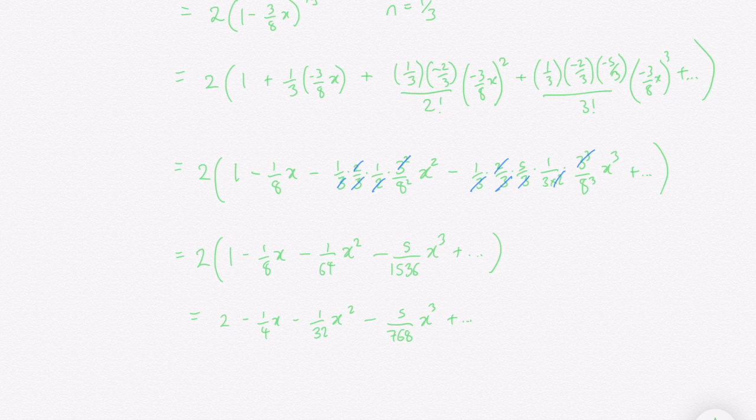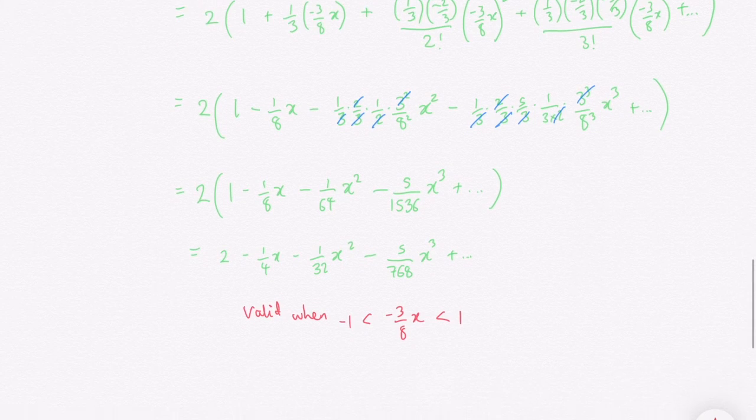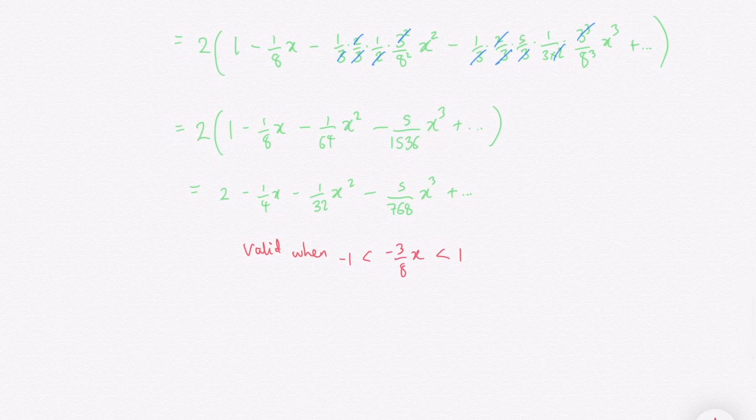And we need to state which values this is valid for, or this is valid when the binomial expansion of 1 minus 3/8 of x to the third is valid. So it is valid when negative 3/8 of x is between -1 and +1, while multiplying by 8 and dividing by 3 and dealing with the negative, we get x is greater than -8/3, but less than +8/3.